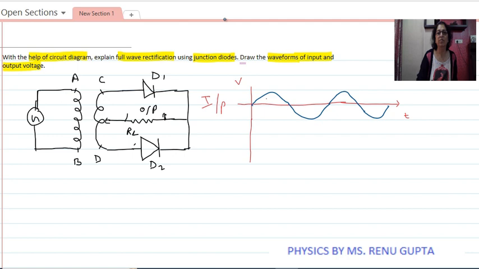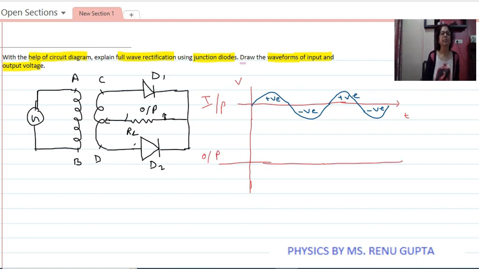This is the positive half of the input cycle, this is the negative half of the input cycle, this is the positive half of the input cycle, this is the negative half of the input cycle. Now we'll see the working of the full wave rectifier. Accordingly, we will draw the output waveform. This will be for output. Now see here.